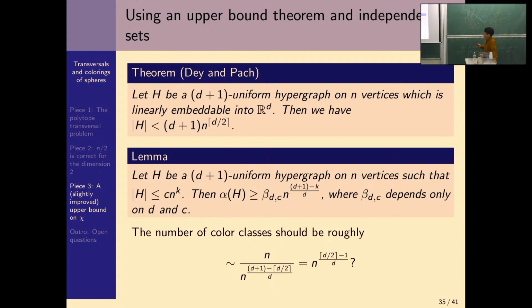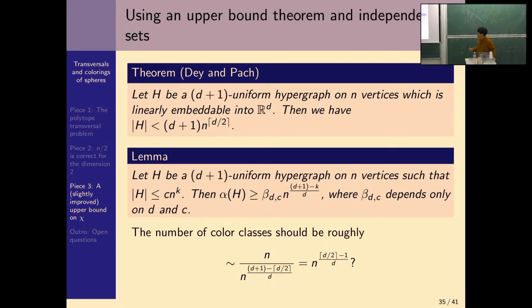Bounding the independence number, if we just modify a little bit, it says like this. Then what we said is that whenever we have this one, then maybe the number of the color classes should be n over something like this, because this should be something like the size of the independent set.